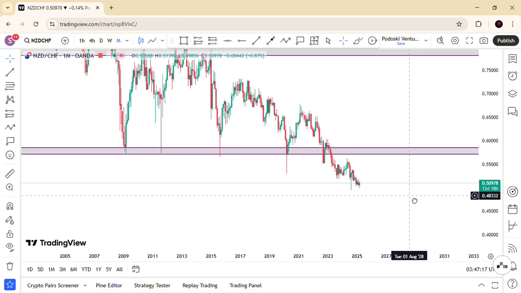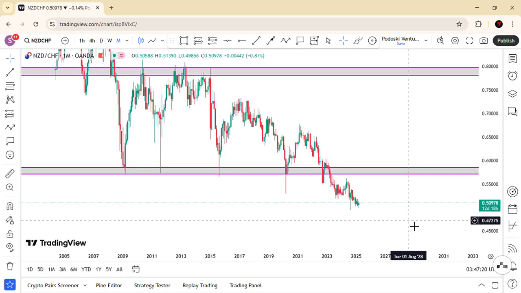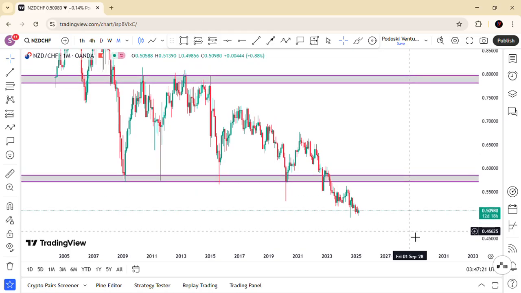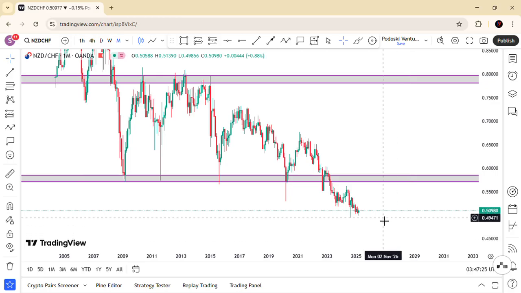Now that we know we are expecting buying pressure on NZDCHF to touch the monthly supply zone, we should be looking for buying pressure. But take note, that is not the direction of the market, but there is a possibility of a retest happening.